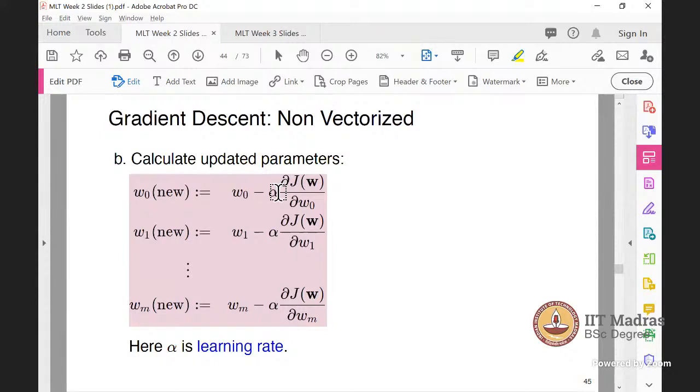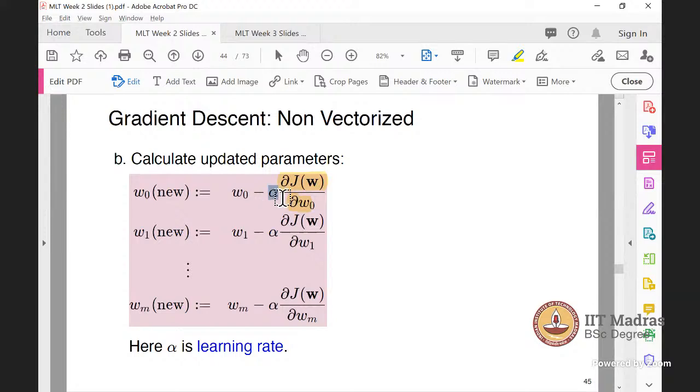In this one, alpha is the size of your step towards the minima. This quantity represents the direction in which your function is growing with respect to W0, right? So we want to go in the opposite direction, where the loss is decreasing with respect to W0, and that's why we add this negative sign. How large a step we want to take?